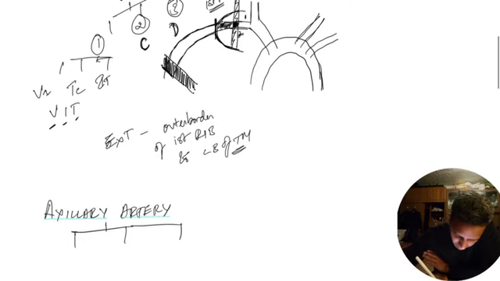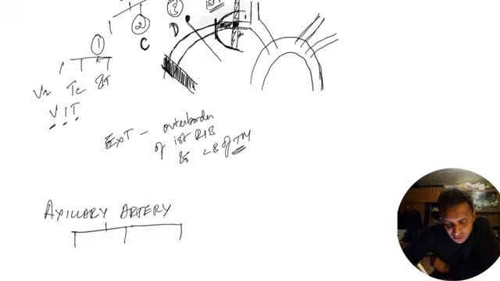Now how is it divided? It is divided by your pectoralis minor, which is inserted in your coracoid process. Let's assume this is your pectoralis minor.